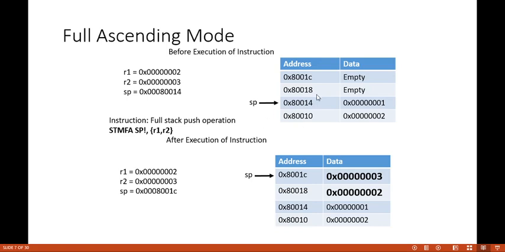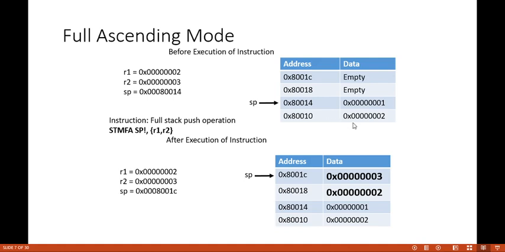That is, you are advancing for ARM processor. Remember, you are advancing memory pointer always by 4. Don't forget it. So here you are advancing it by 4. So this location is empty here. Now what is the instruction? It is full stack push operation. The instruction is STMFA stack pointer exclamatory mark, in bracket R1 and R2 are given there. It means it will transfer the contents of R1 and R2 onto the stack memory pointed by stack pointer, and every time stack pointer will be in ascending, means it will be incremented by 4.